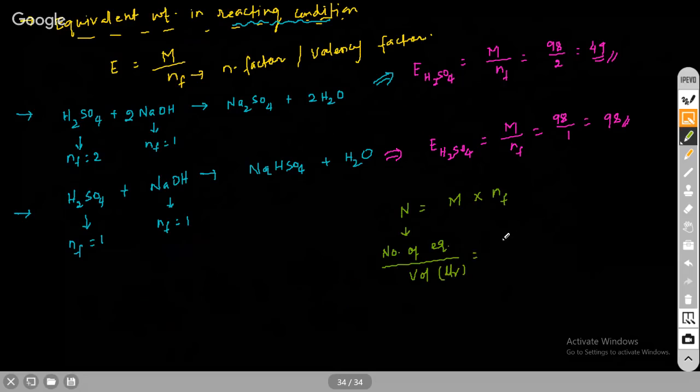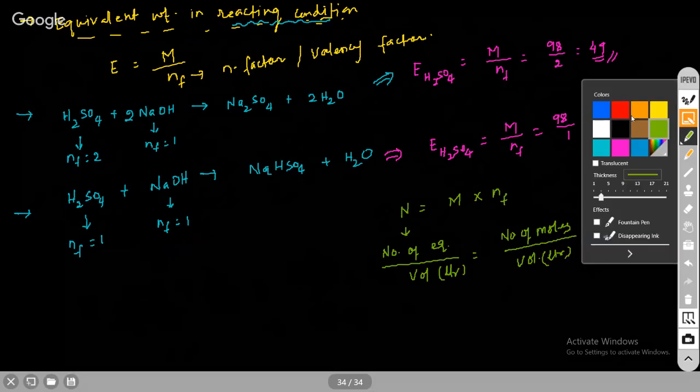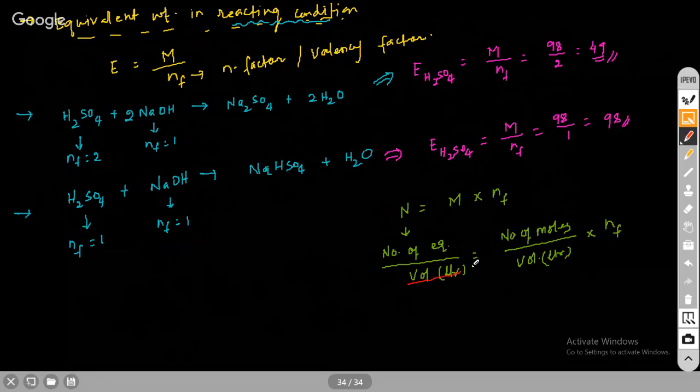That will be equal to number of moles by volume in liter into N factor. So when you see this, the volume terms get cancelled, and the expression we get is the number of equivalents is equal to the number of moles into N factor.